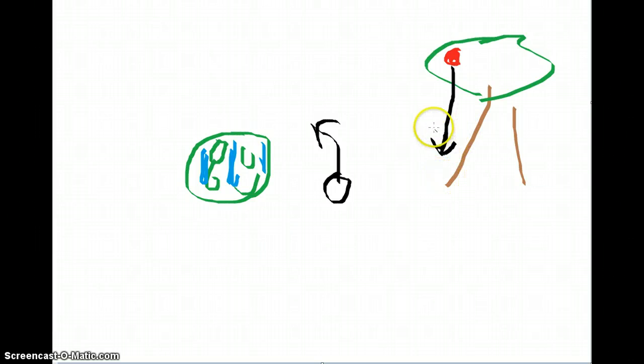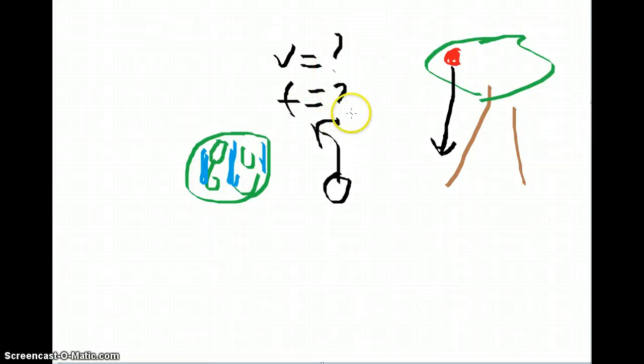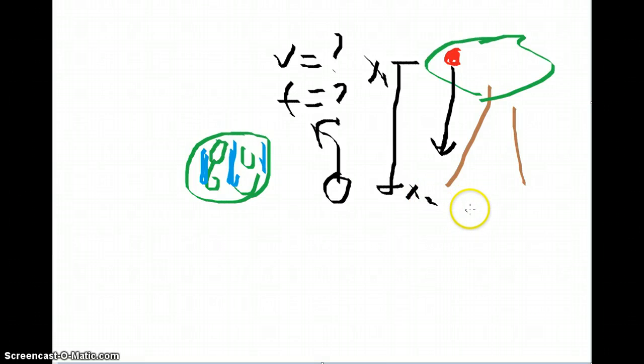Using physics, we can figure out the velocity the apple was moving when it hit the ground. We can figure out the time it took for the apple to hit the ground. If we have this information, then maybe we can figure out the distance between the apple starting and the apple hitting the ground. So there's lots of stuff that we can do with physics.